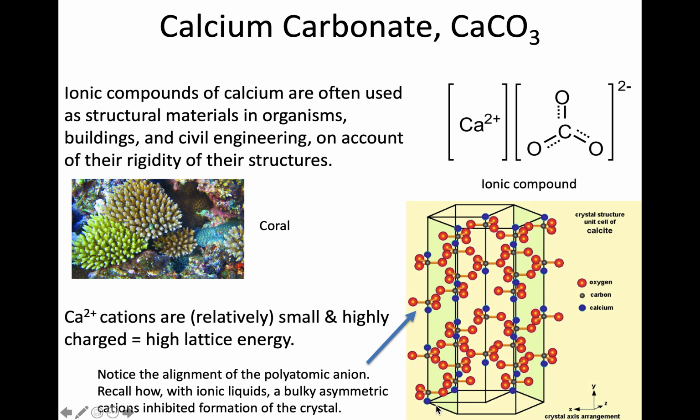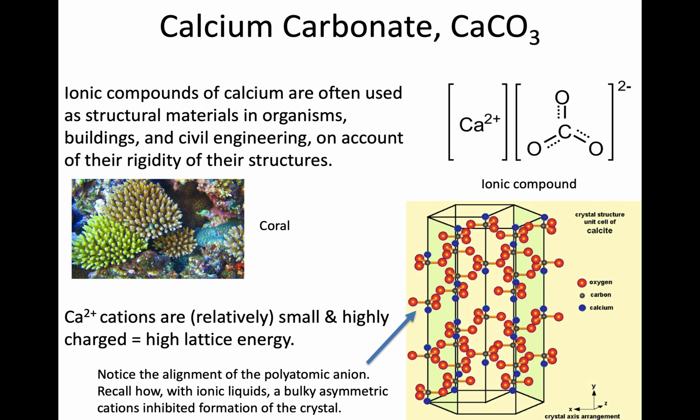If we had, let's say, this melted and we wanted to crystallize it, all of these would have to adopt that same alignment. This is what it means to say something is a liquid, and then when it forms a crystal, it all adopts the correct alignment. If you think back to our ionic liquids, we said one way that you could inhibit this was that the cations in that case were these bulky asymmetric ones.